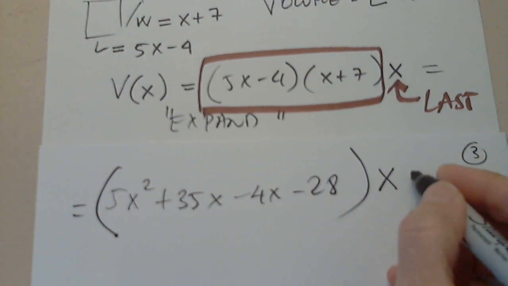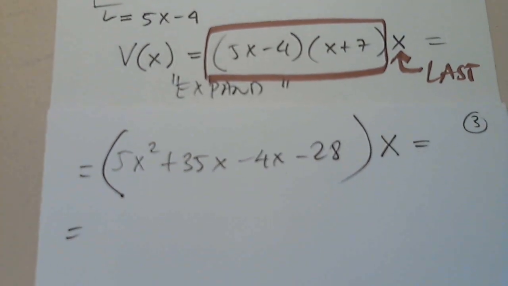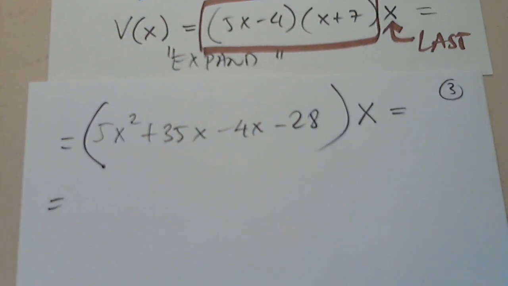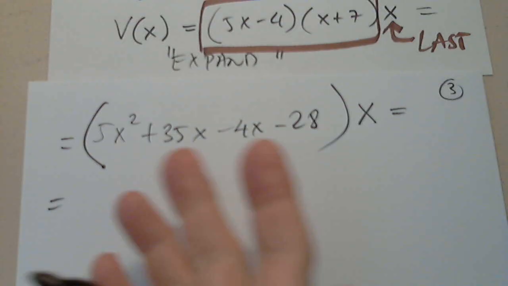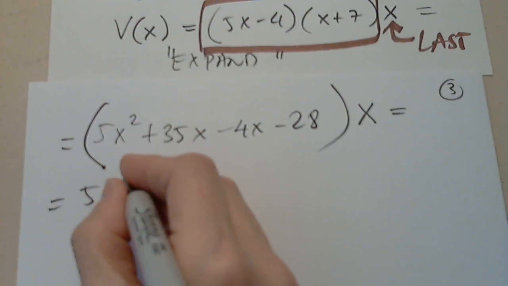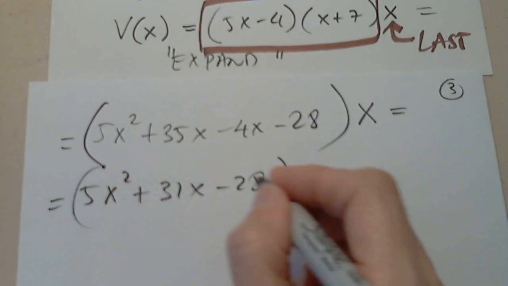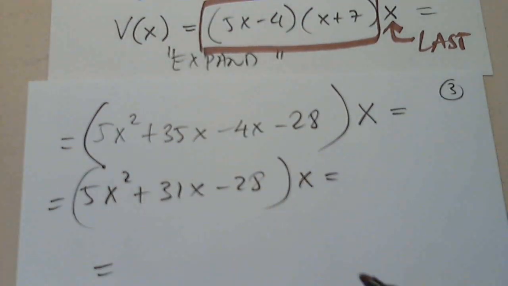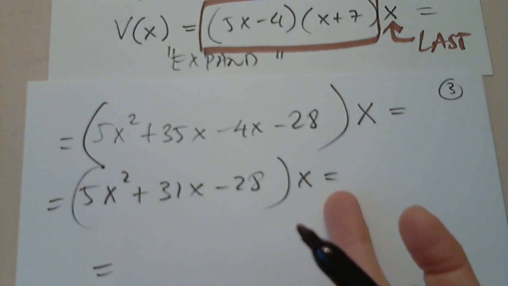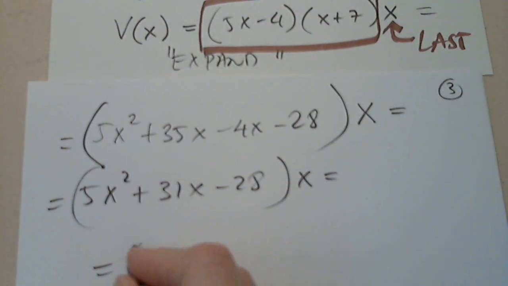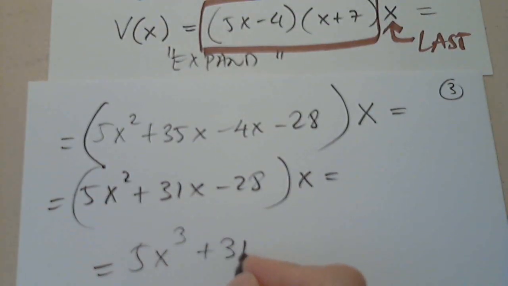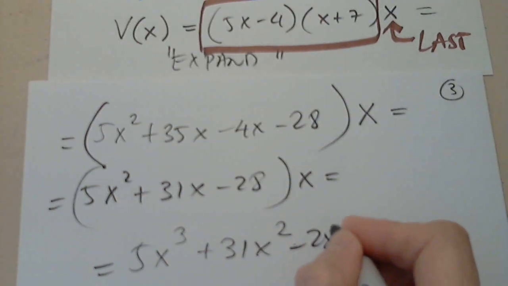And leave x alone till you combine like terms and simplify in parentheses. We just looked at a couple of examples, so I know how to simplify. It's 5x squared plus 31x minus 28. And now this is the easiest thing to do, distribute x to all terms. So 5x cubed plus 31x squared minus 28x.